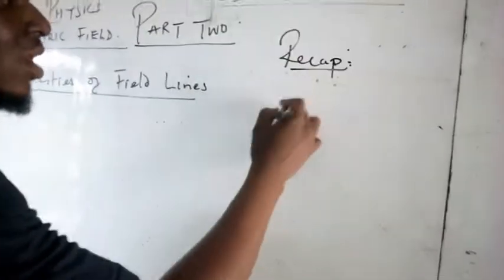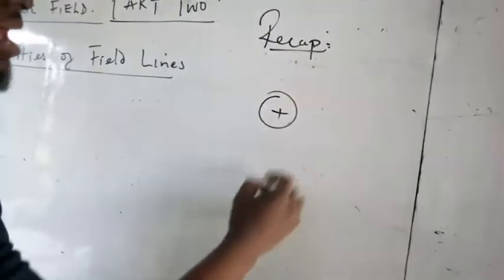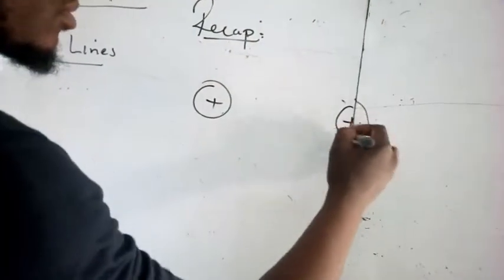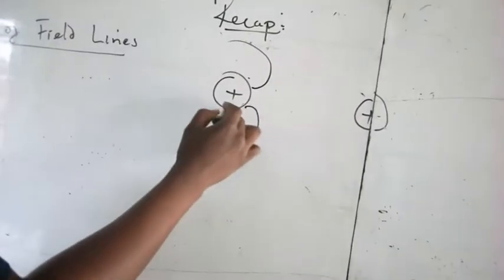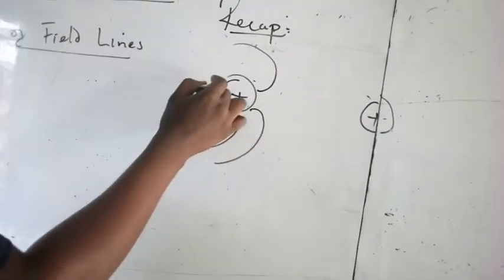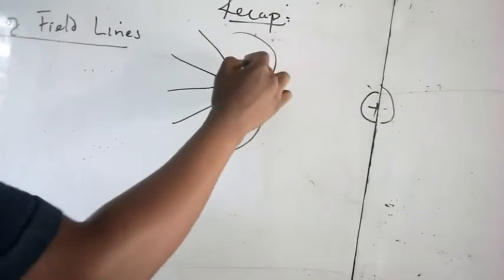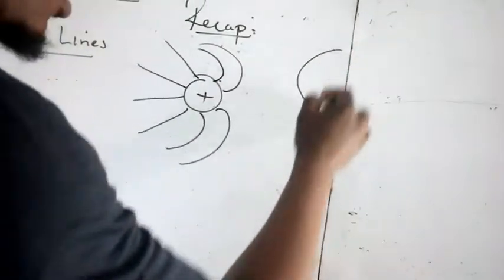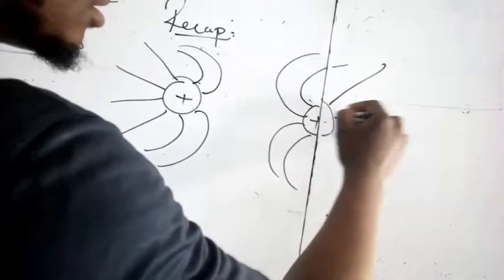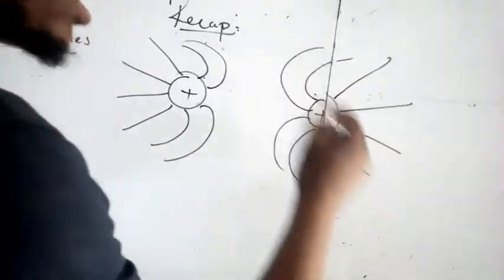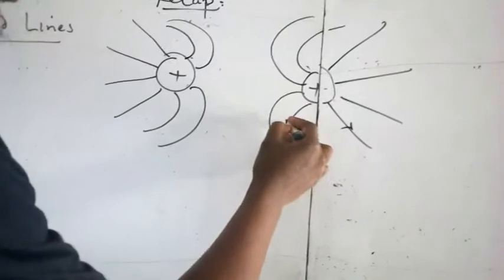I said that like poles, you can have negative and negative too, they will repel. What matters is the direction. So we're going to be using these to explain the properties of electric field lines.